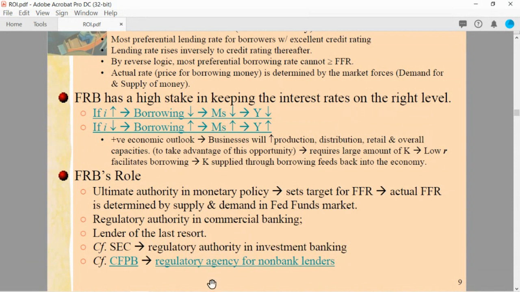And the lender of last resort, right? Because it's a central bank, it's the lender of last resort. Meaning, when commercial banks cannot borrow from each other, they go to the Federal Reserve as the last resort. But actually, they're not directly borrowing from the Federal Reserve. They sell their bond holdings, asset holdings, to the Federal Reserve.